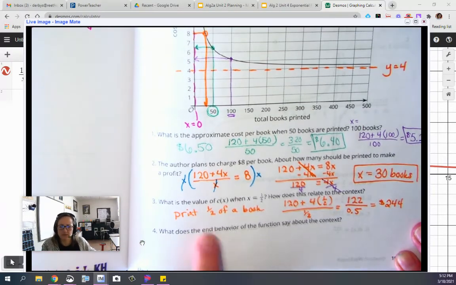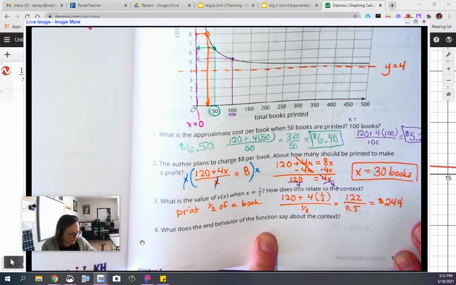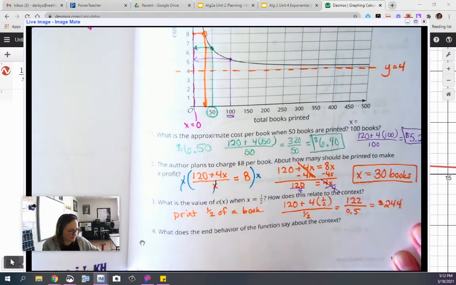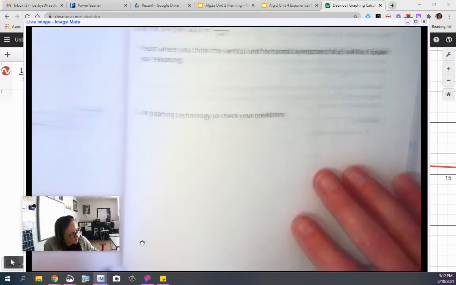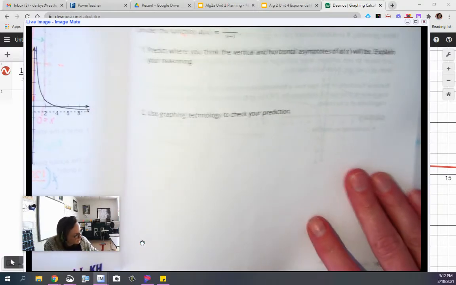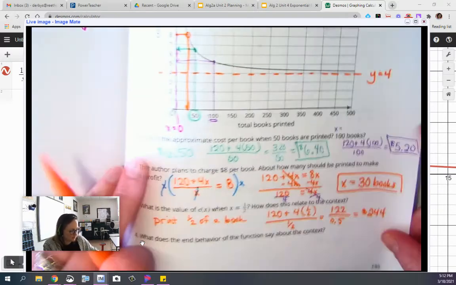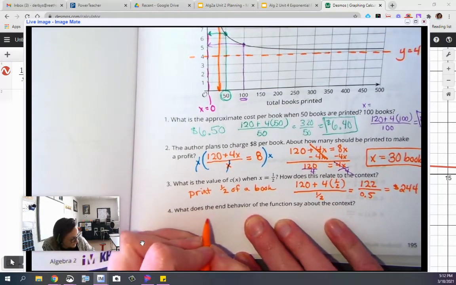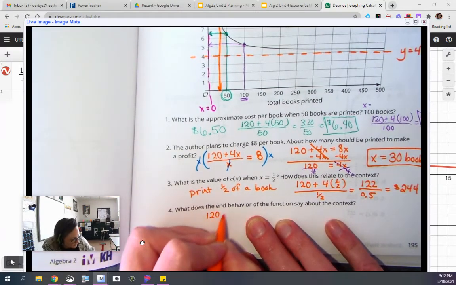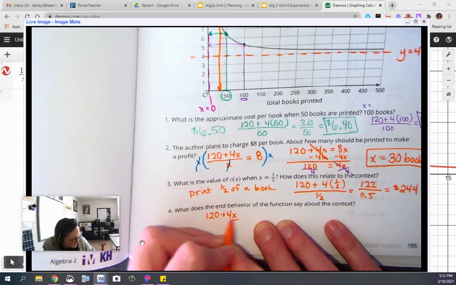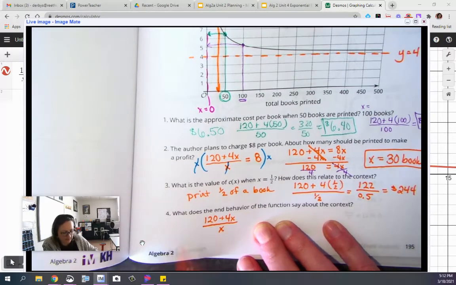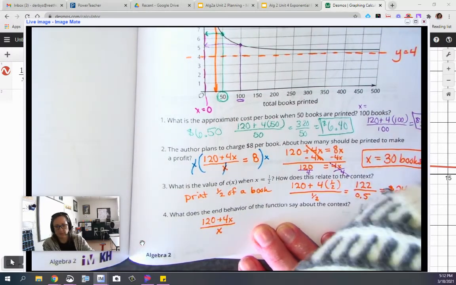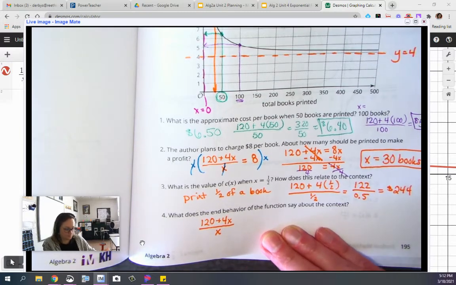All right, so what does the end behavior of the function say about the context? And really a better way to put this is how could we better see the horizontal asymptote? So I'm going to do that 120 plus 4x divided by x. That's our original equation.